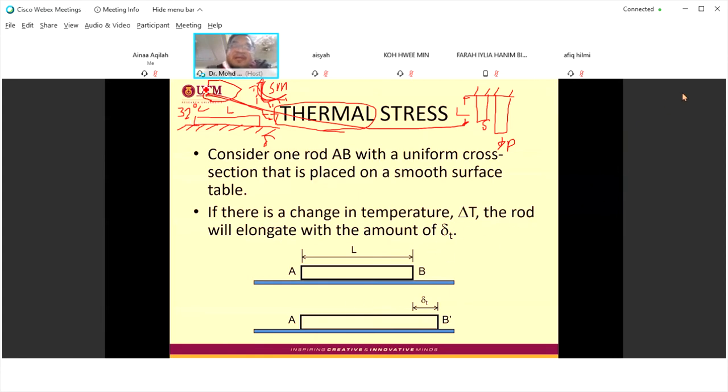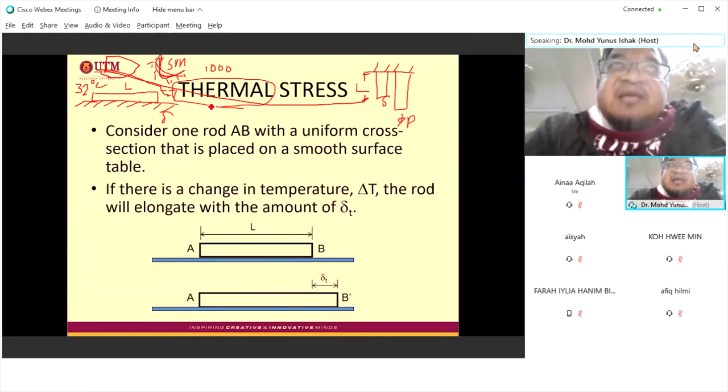But what happens if you increase the temperature until 1000 in kapal terbang, or in the process of cement? So you have to burn the arang batu. Okay, you have to burn the silo, the equipment. So you increase the temperature to a certain degree.